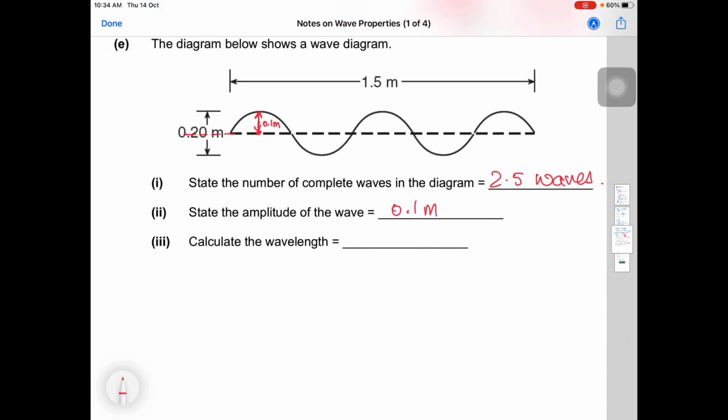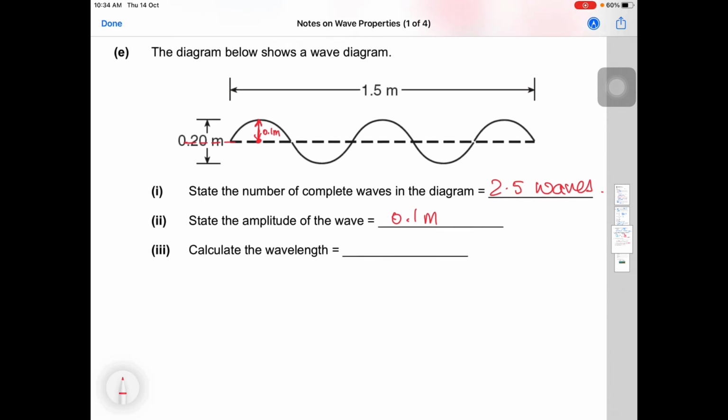And calculate the wavelength. The whole diagram here is 1.5 meters, and we found out there are 2.5 waves here. So 2.5 waves is 1.5 meters.